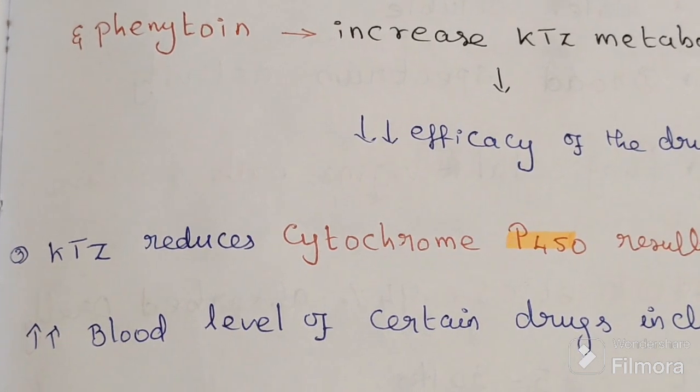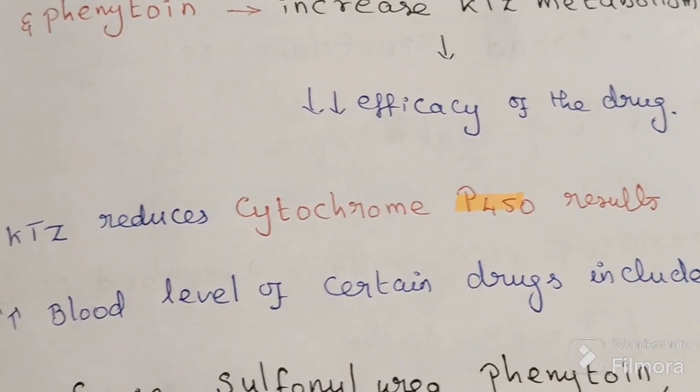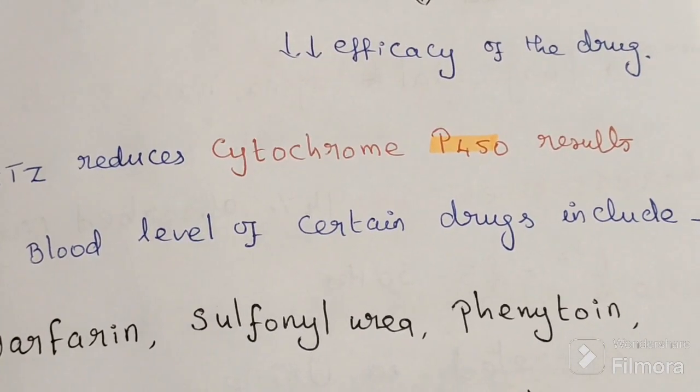Thirdly, ketoconazole inhibits cytochrome P450, resulting in an increased blood level of certain drugs.